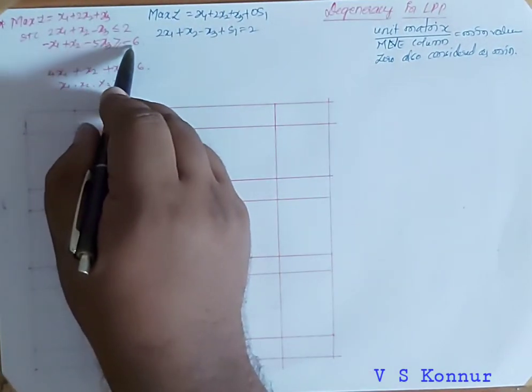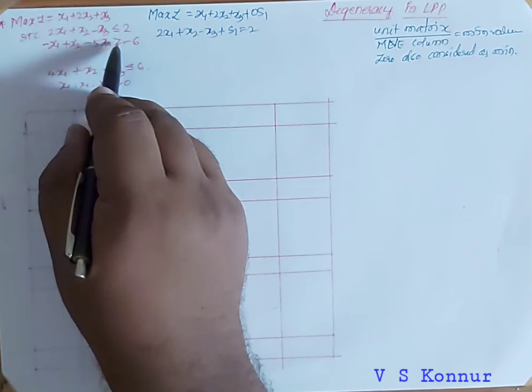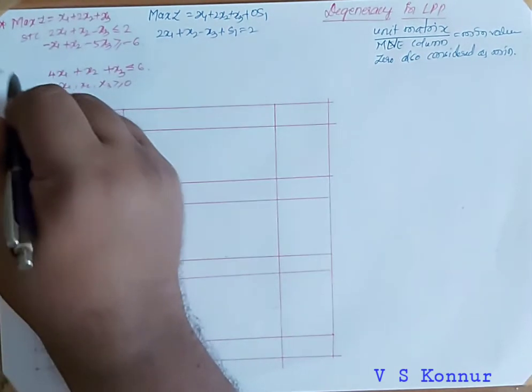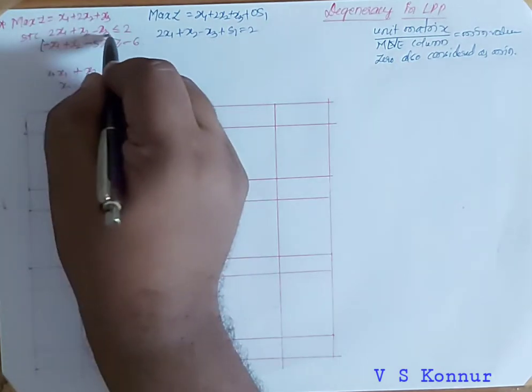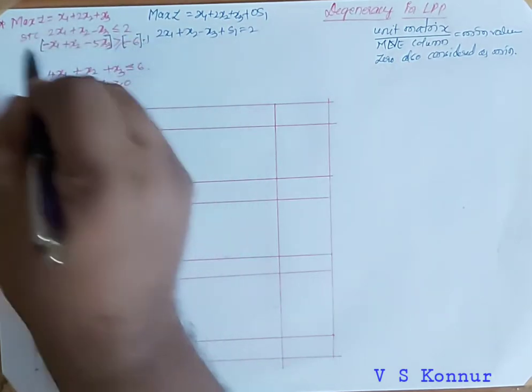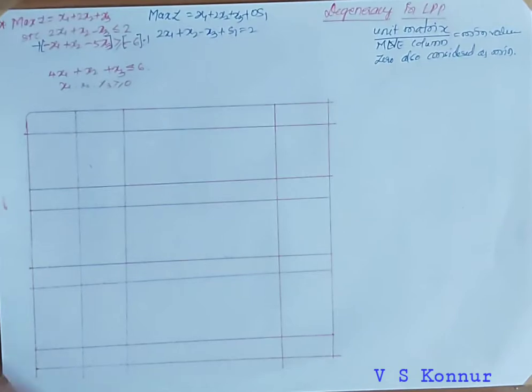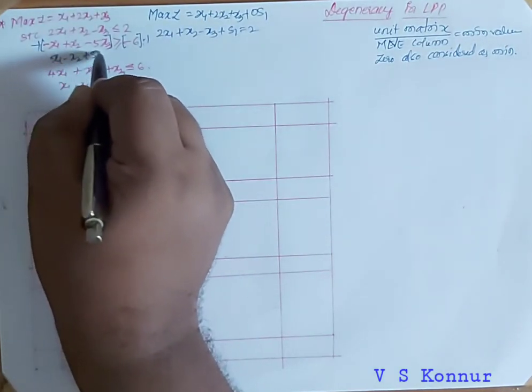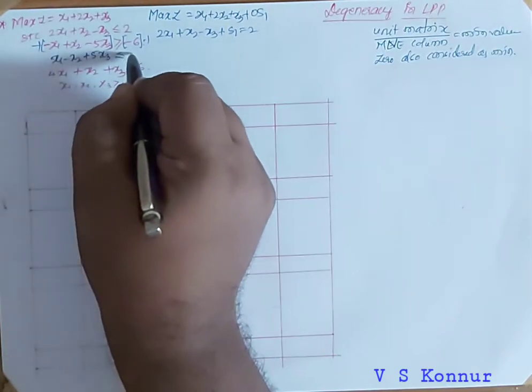The next constraint is minus x1 plus x2 minus 5x3 greater than or equal to minus 6. In simplex method it should be less than equal to and the right hand side should be positive. So multiplying minus 1 on both sides, we will get x1 minus x2 plus 5x3 less than equal to 6.